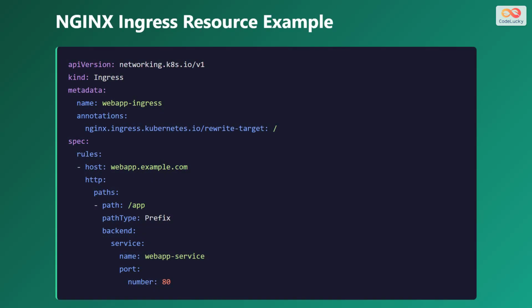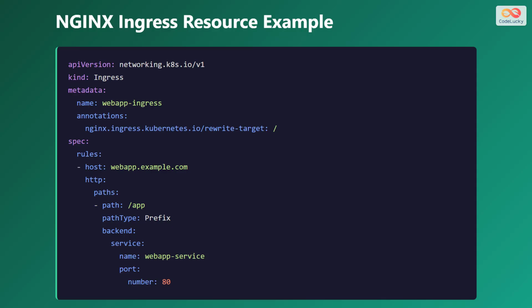Let's look at a practical example of an NGINX ingress resource. This YAML configuration defines how traffic should be routed. We start by specifying the API version and kind as Ingress. In the metadata section, we give it a name, in this case, web-app-ingress, and we add an annotation for NGINX to rewrite the target path.